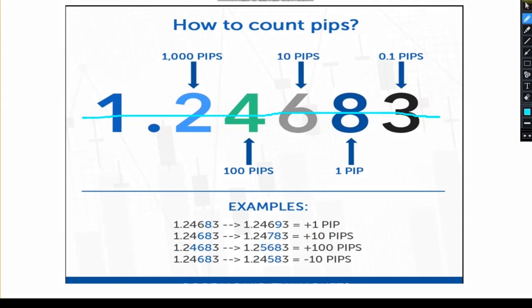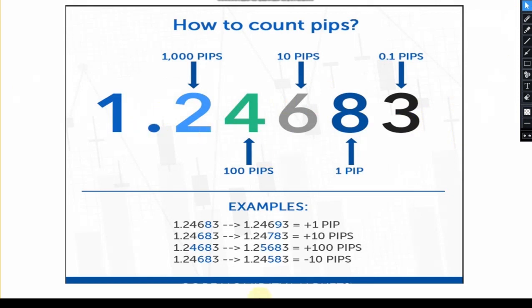For example, if you want to understand or agree with what I'm saying, just go to your Google. Let's do it together. Let's assume that this is GBP USD. Okay, we are just assuming that this is GBP USD 1.2.